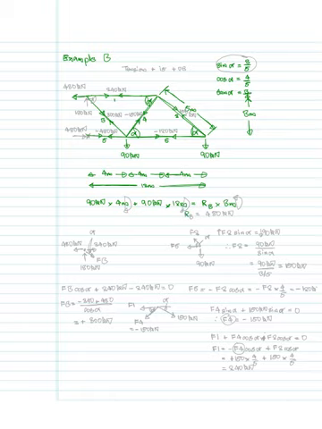So then from there we get RB is equal to 480 kilonewtons. So let's write 480 kilonewtons there.